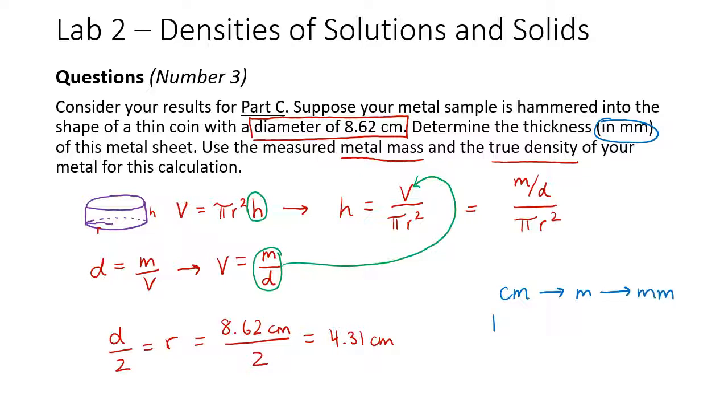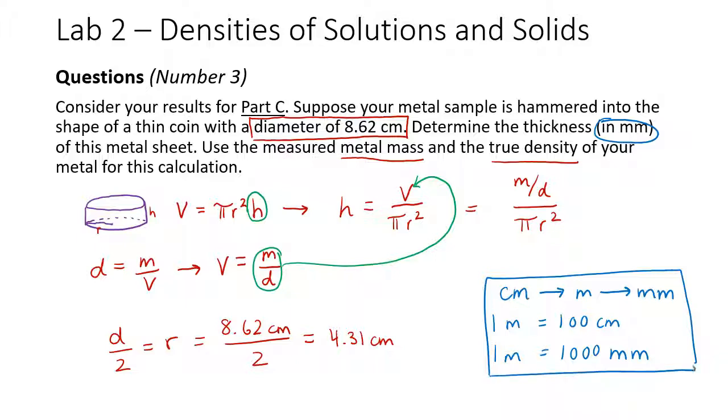So just a reminder, 1 meter is equal to 100 centimeters. 1 meter is also equal to 1,000 millimeters. You should be able to use all this information and your own mass and true density to solve for the height of the coin.